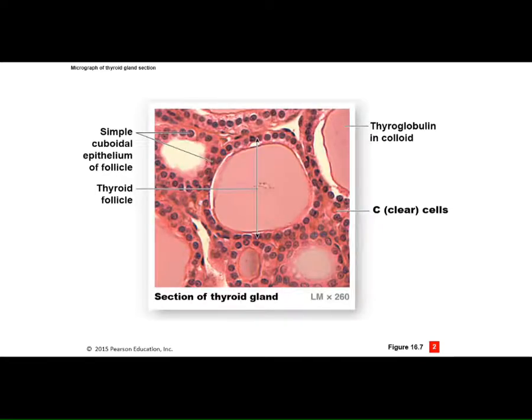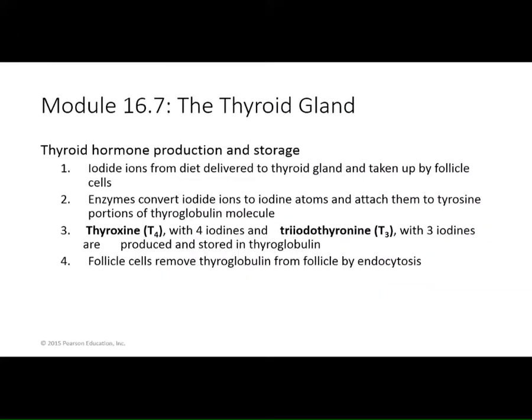So we look again here in the thyroid. You take a slice through it, and you're going to see these big colloid structures surrounded by a simple cuboidal epithelium, and the C cells are out here. They literally are clear in their staining, and those are making the calcitonin.